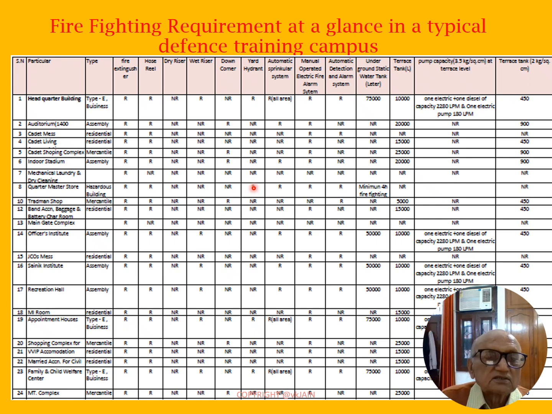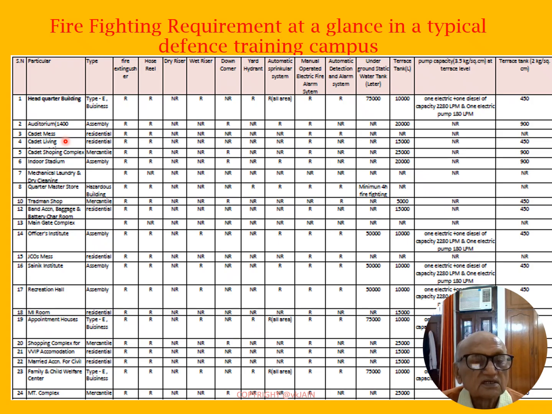Friends, in this slide, I have shown a real life firefighting arrangement system of a particular campus in which there are several buildings. This is a medical college system in which there is an auditorium, cadet mess, cadet living.